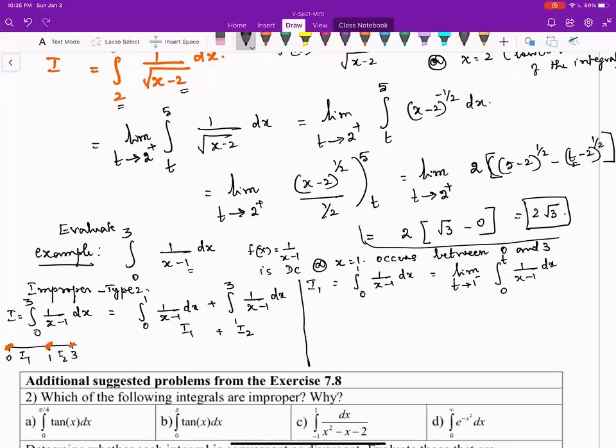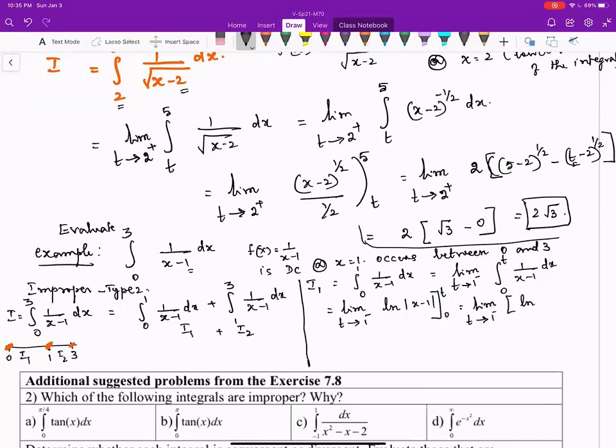So you have to approach from the left. Now if you integrate this, the integral of 1 over x minus 1 is ln of absolute x minus 1 between the limits 0 and t.